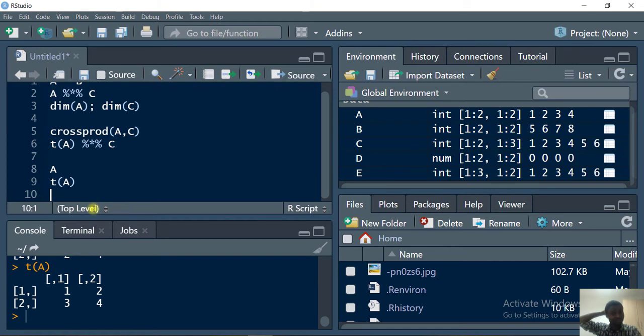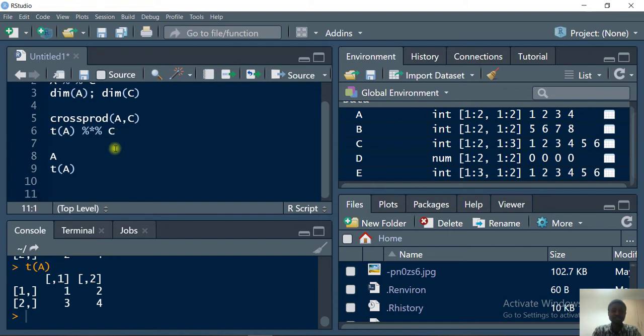So when you take the transpose of this matrix and then you multiply it using this percent multiplied by percent with C, that is what we are doing each time we talk about the concept of crossprod. So we have talked about diagonal, but I'm going to revisit the concept of diagonal again before I lead us to determinants.